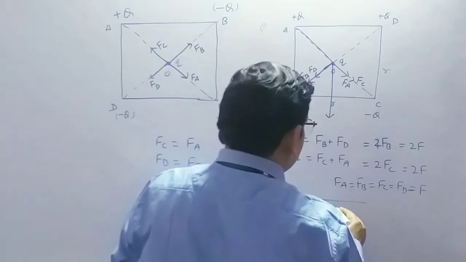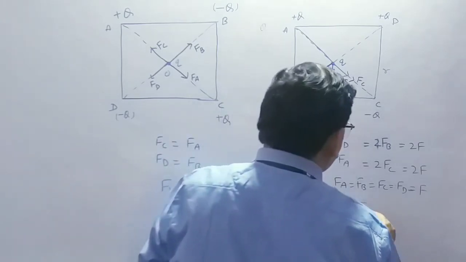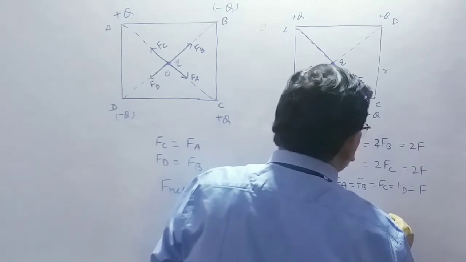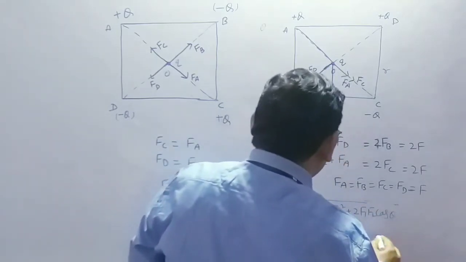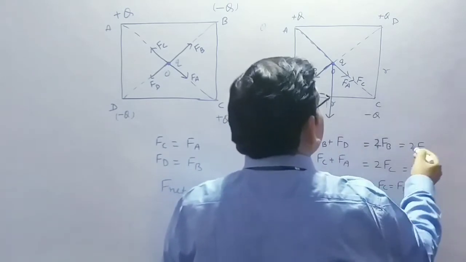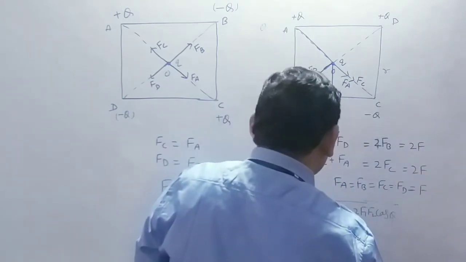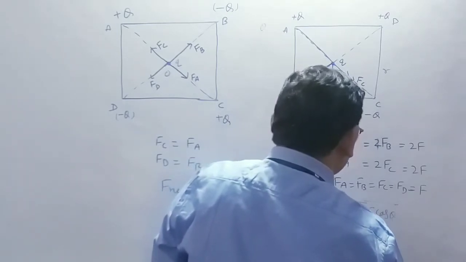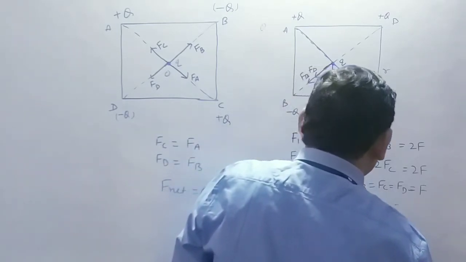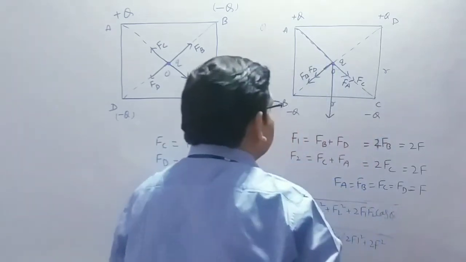The resultant is root of F1 square plus F2 square plus twice F1 F2 cos theta. F1 is equal to twice F. F2 also twice F. Twice F square cos 90.